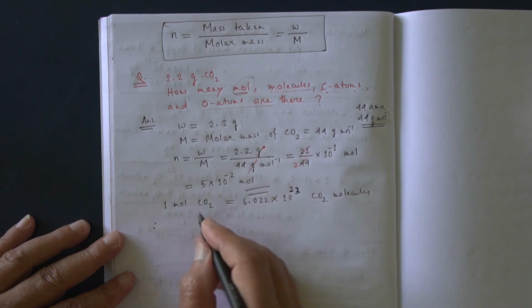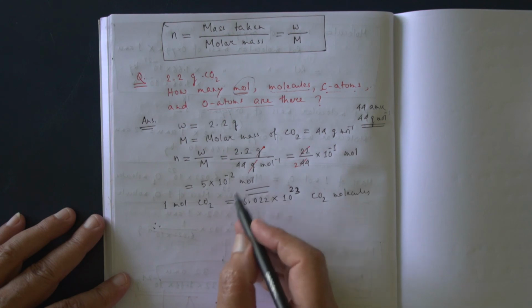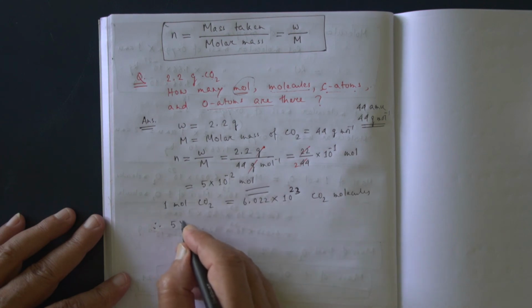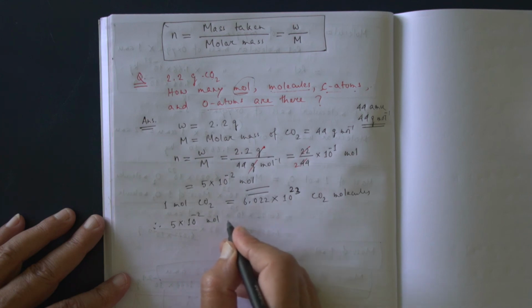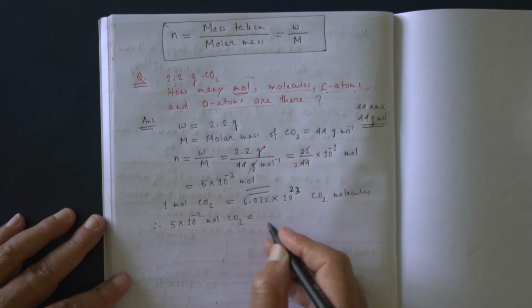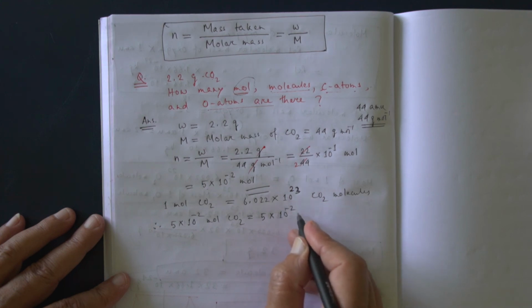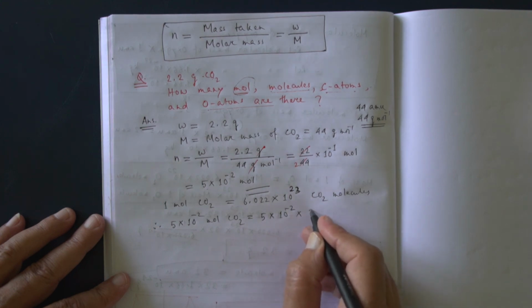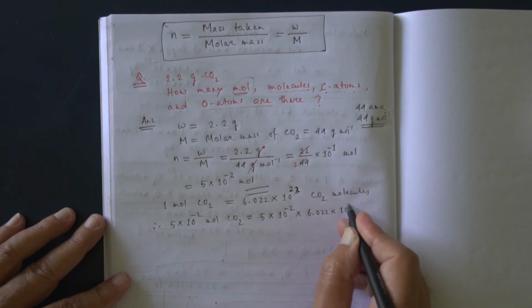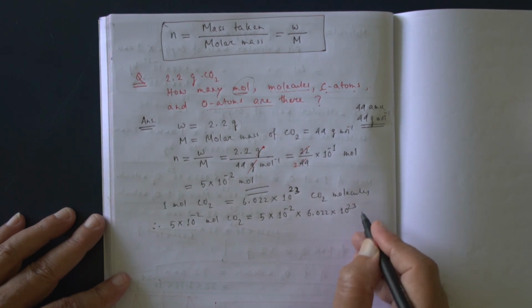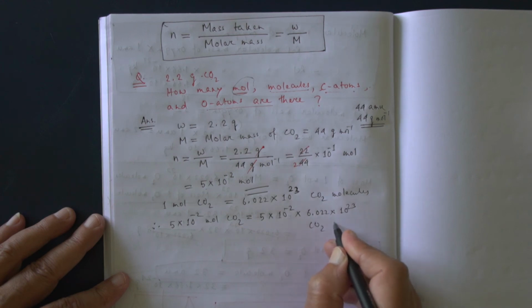So how many moles do we have? 5 into 10 to the power minus 2 mole carbon dioxide equals 5 into 10 to the power minus 2 into 6.022 into 10 to the power 23 carbon dioxide molecules.